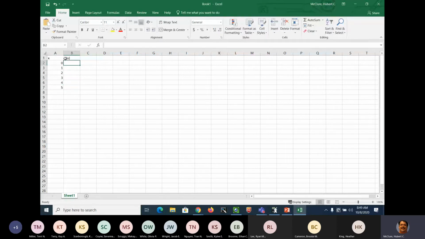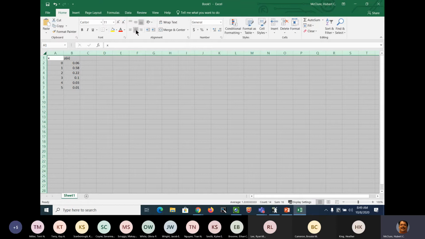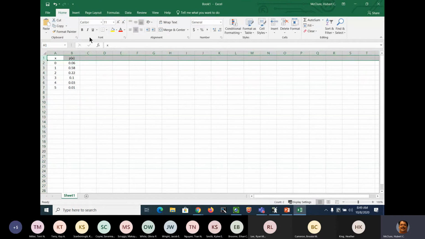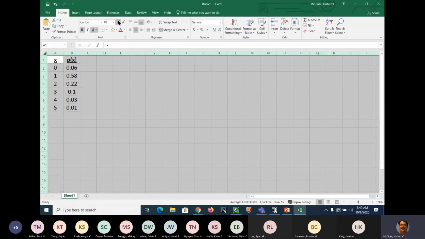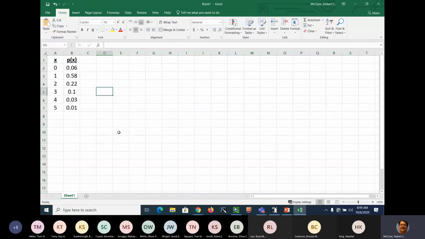And then 0.06, 0.58, 0.22, 0.10, 0.03, and 0.01. Okay, now I'm going to make it all centered because I have OCD about being centered. And I'm going to make this bold and underlined. And I'm going to make it all a little bit bigger. There we go. All right, everybody with me?